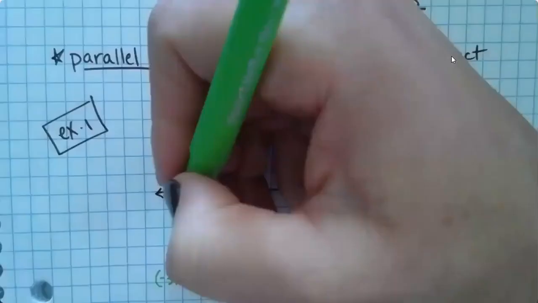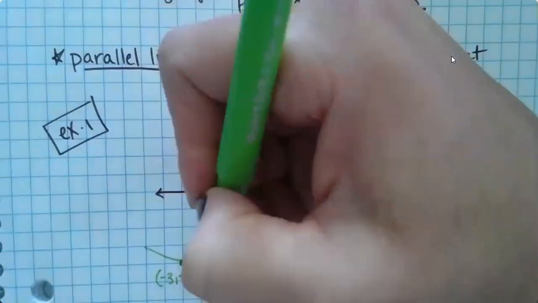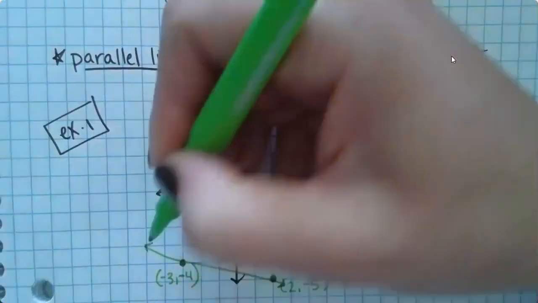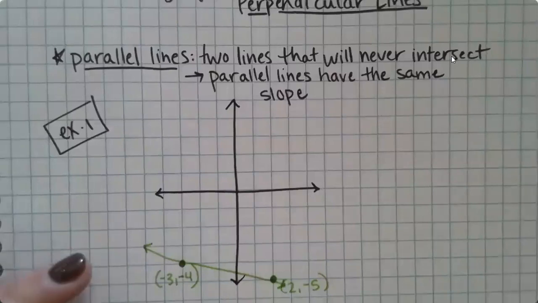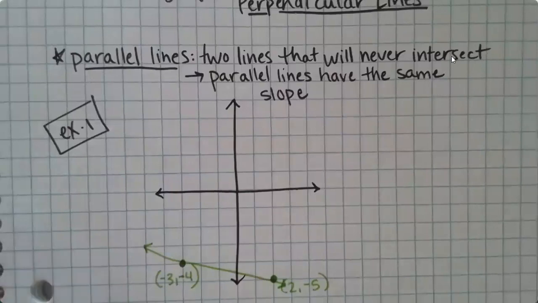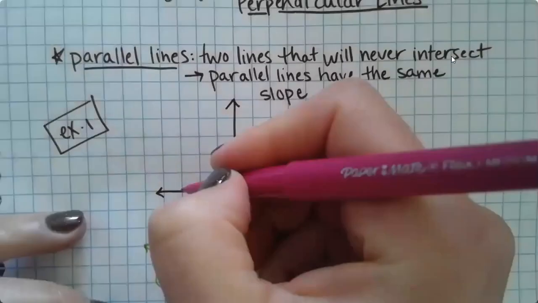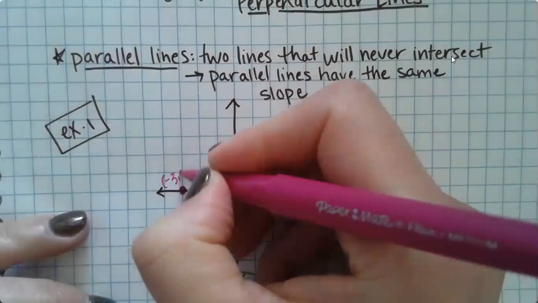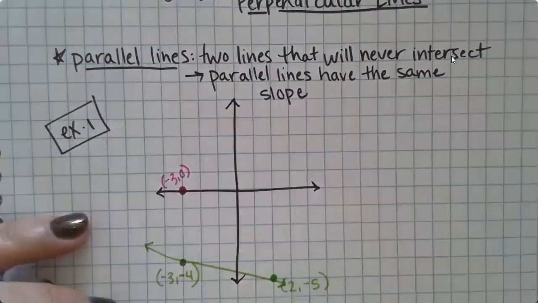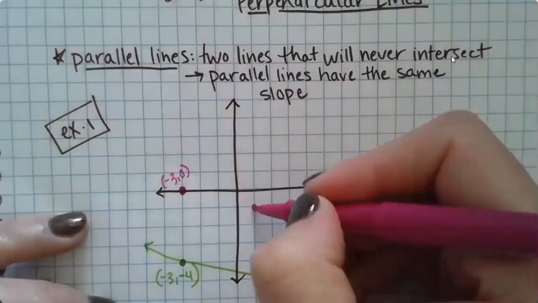All right, we do not have a ruler. Yikes. Okay, pretend that's straight. That's our first line. And then we're given another line up here with a point at -3, 0, a point at 1, -1.